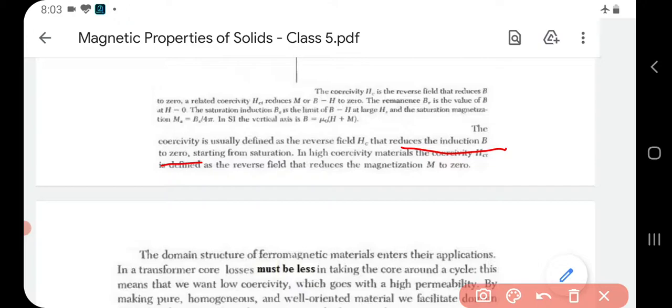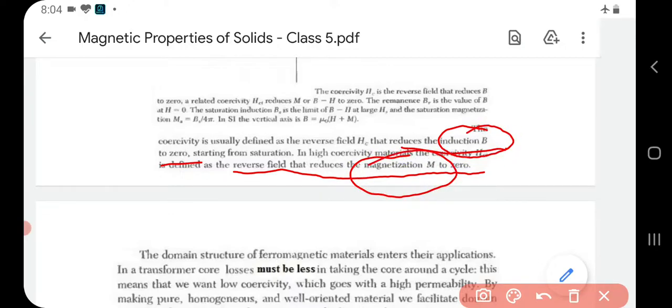Now, in high coercive materials, this coercivity HC is defined as the reverse field that reduces magnetization M to 0. Here it was that reduces induction B to 0; in this case it becomes that reduces magnetization M to 0. So you can study any one definition of coercivity.